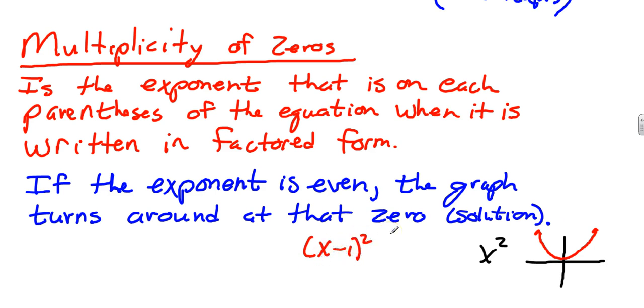That means when you get that solution, it's always going to have that curve where it's going to be a parabola type thing at that point, where you're going to come in, hit the x-axis, and turn and go up. Or if you're underneath it, you're coming up from the bottom, you're going to hit it, and turn and go back down. If it's even.